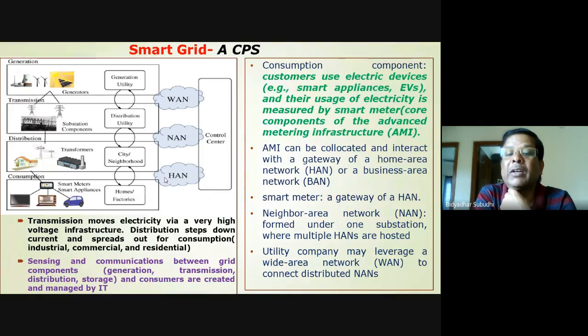The utility company may leverage a wide area network to connect distributed neighbor area networks. So basically, the smart grid components like generation, transmission, distribution, consumption, communication, and IT all qualify it as truly a cyber physical system.